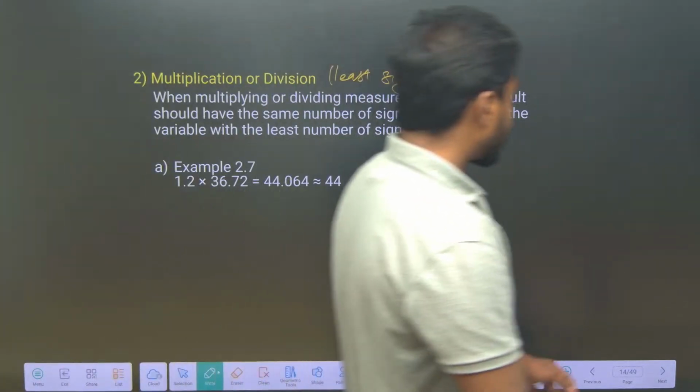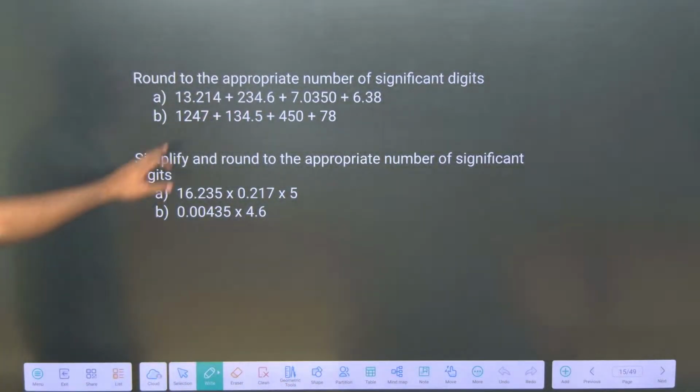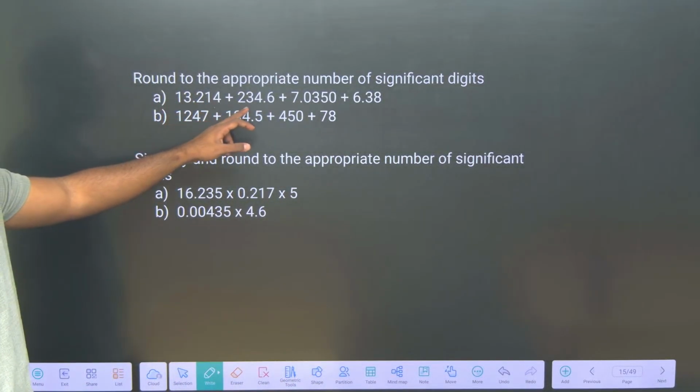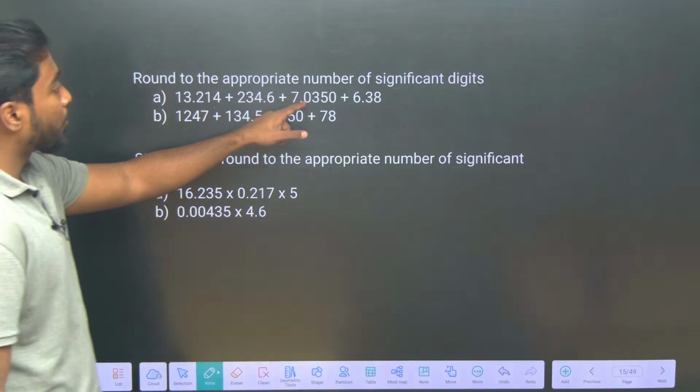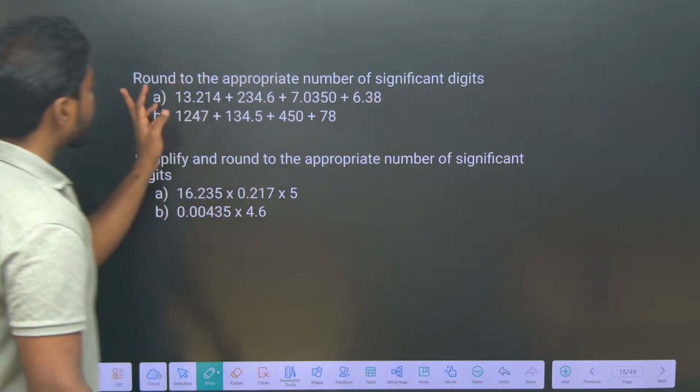So we have seen some examples for this, and this was the homework I gave in the last class. I hope you have completed it. Let me tell you again what we have to do. 13.214, 243.6, 7.0350 plus 6.38. Everything I should add.